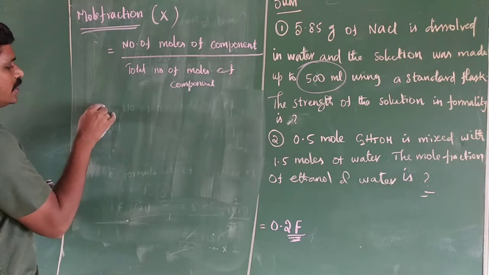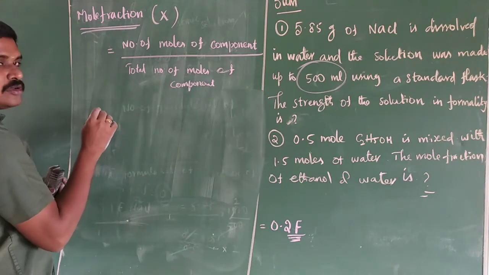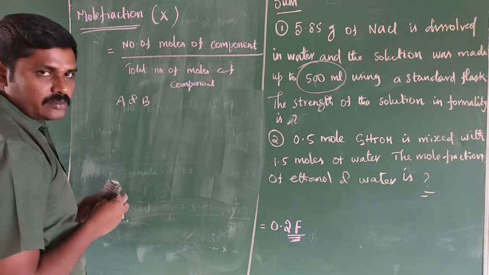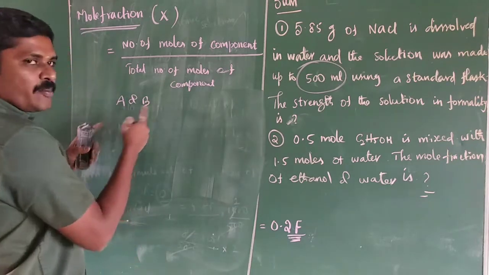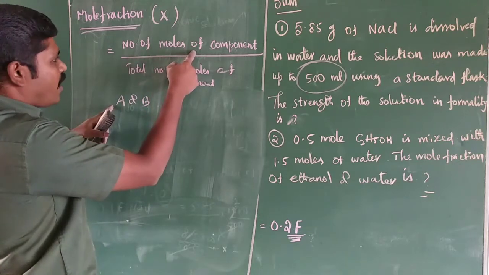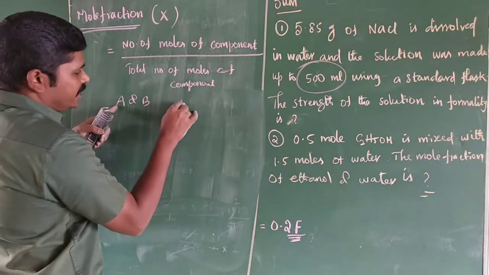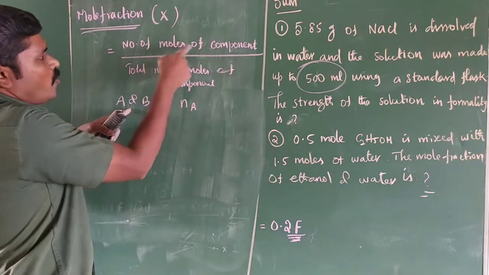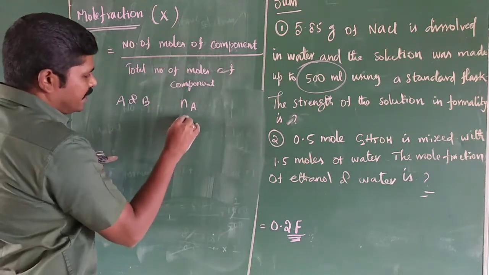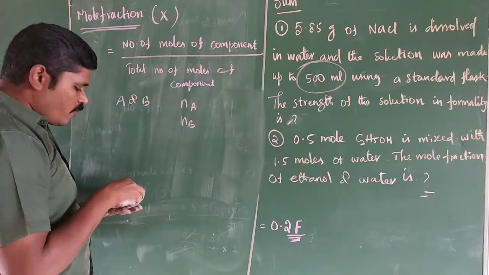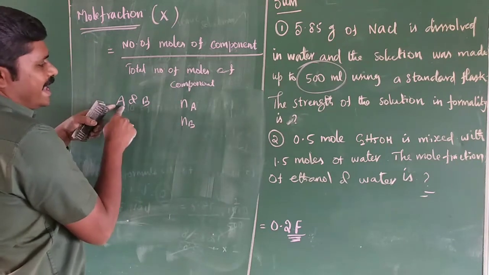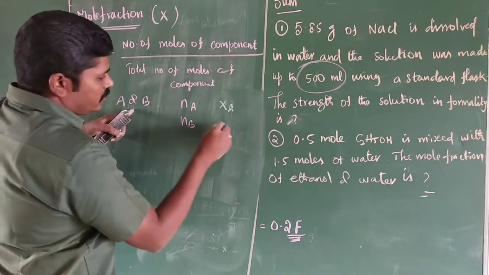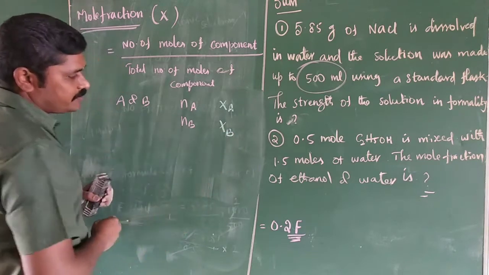For example, the solution contains two components A and B. The number of moles of component A is Na, and the number of moles of component B is Nb. The mole fraction of component A is Xa, and the mole fraction of component B is Xb.